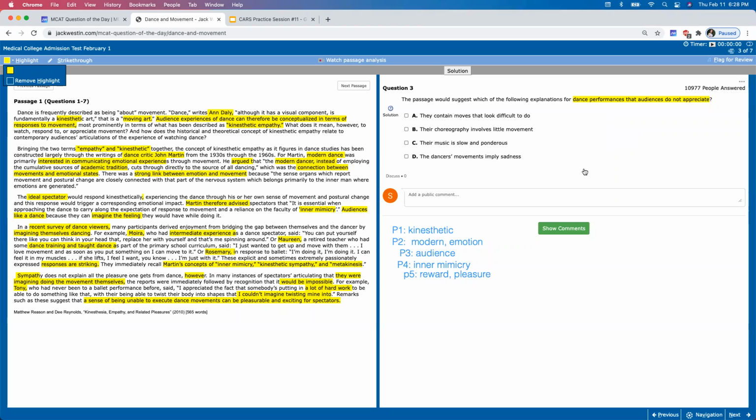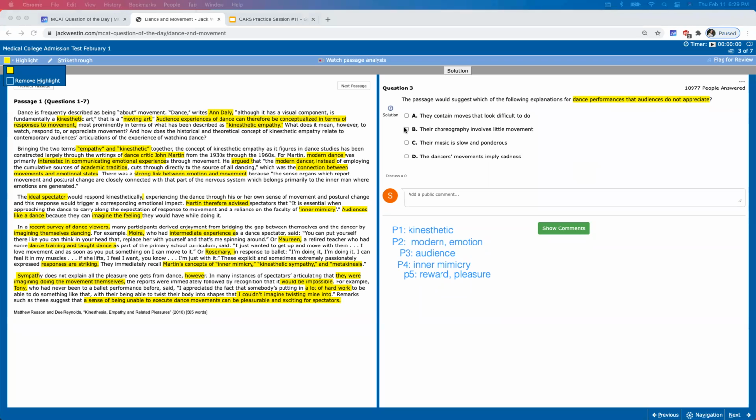Okay, number 3. The passage suggests which of the following explanations for dance performances the audience do not appreciate. Okay, so the audiences appreciate a lot of the dance that they can imagine, so if they can't imagine it, then they probably won't appreciate it that much.